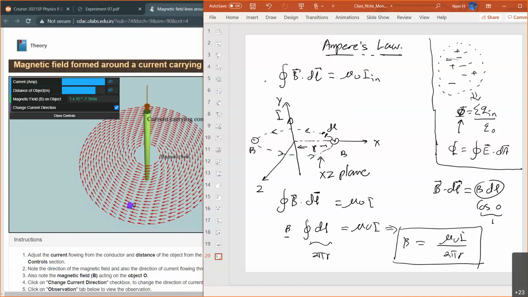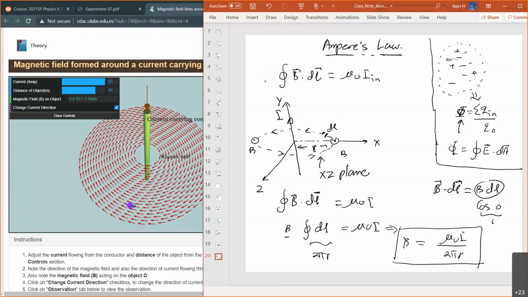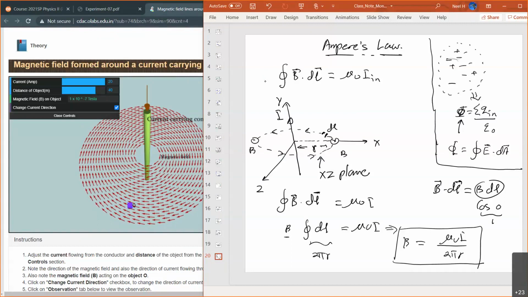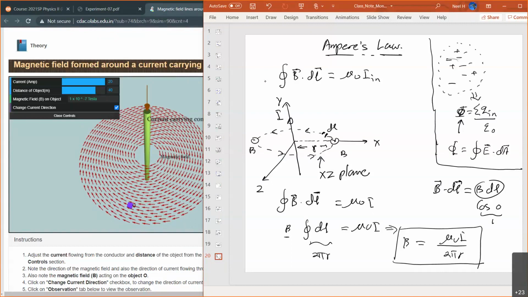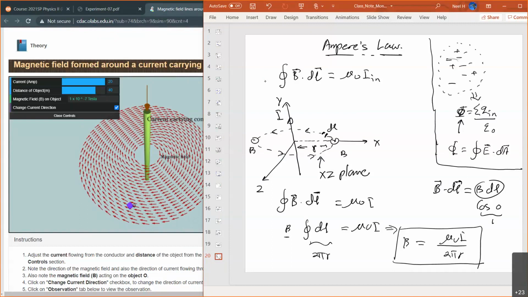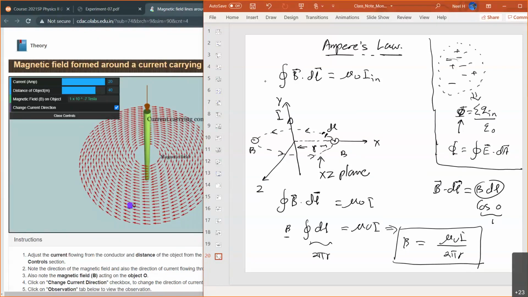Maxwell did not technically figure out anything new. Before his time, all these great scientists figured these out individually for each case. So he put all of them together into a simple mathematical model. That's what we generally call the Maxwell equations. Okay, that's the starting point of electromagnetism.